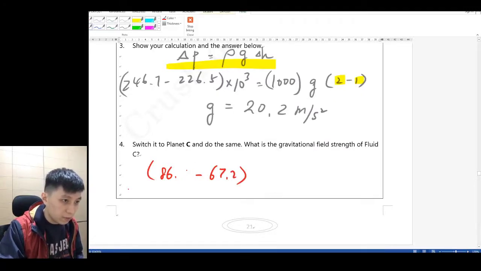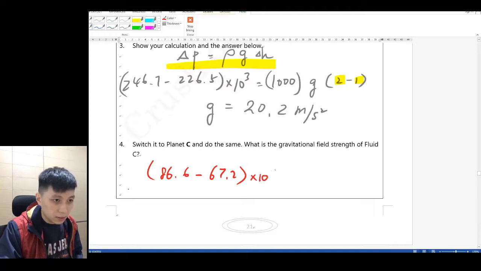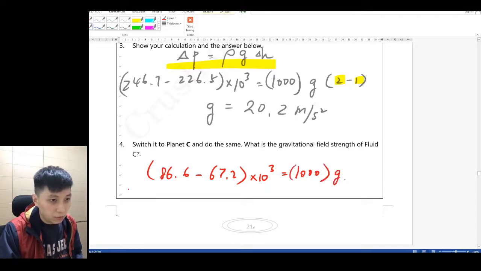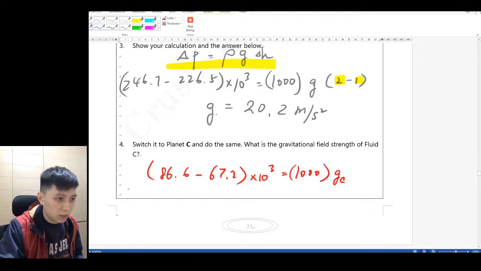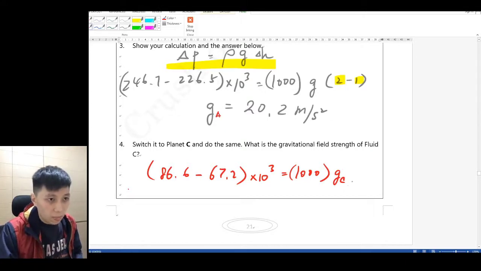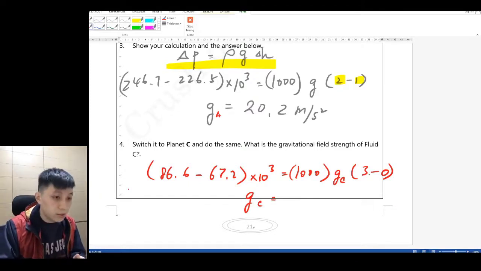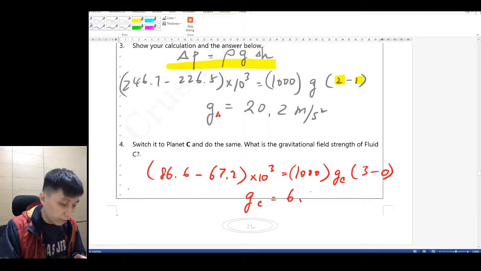It should actually be 0.6 times 10 to the power of 3, and then we have the density, and then the G to be unknown, so this time I put GC. It was GA before. The height difference is 3 minus 0, the one that we measure. So eventually we can calculate that, something close to 6.46 recurring.